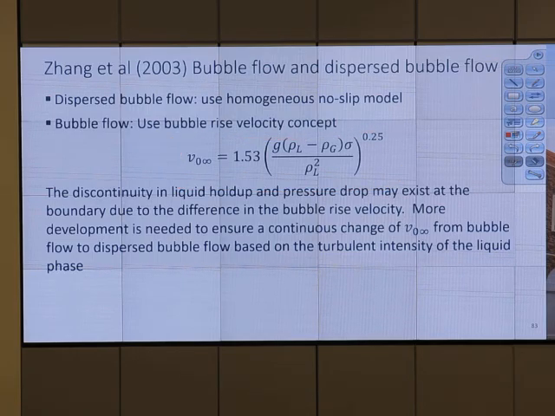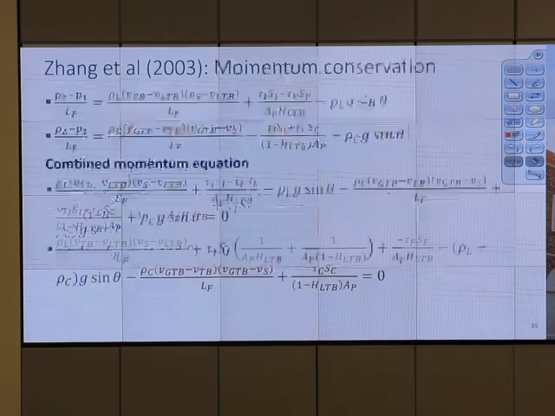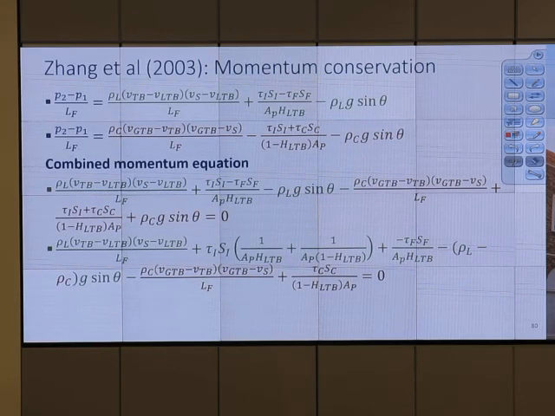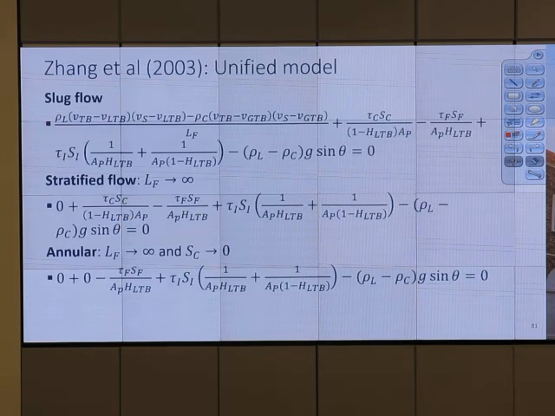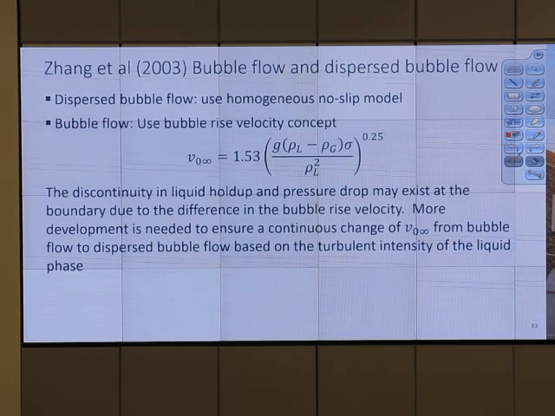For this bubble flow, we set film to 0. So we multiply the whole equation with this term, over here, over here, over here, over here, and set LF to 0. Then you get this bubble flow. That is the same as single phase flow actually, a pseudo single phase flow with the slip.